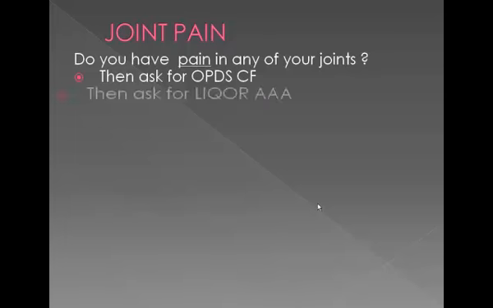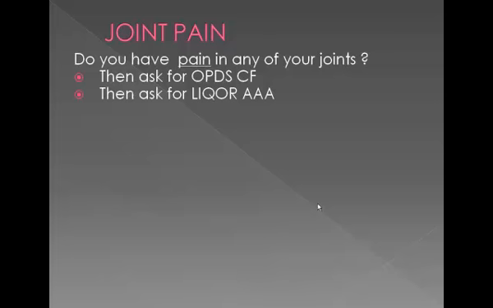Then you guys know the famous LICORA. So location. Can you point out with one finger where exactly is your pain? The patient might just point out to the joint line or maybe to any bony point. Make a note of that, okay? And then I is for intensity.